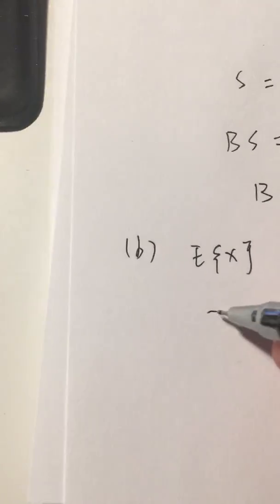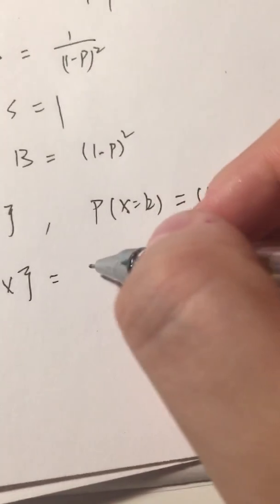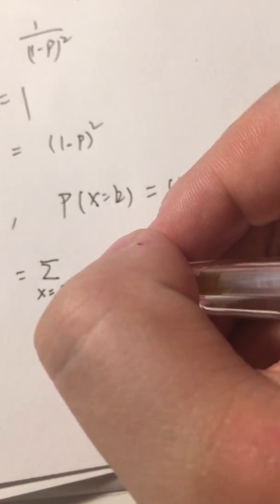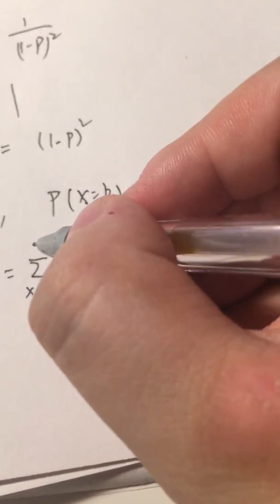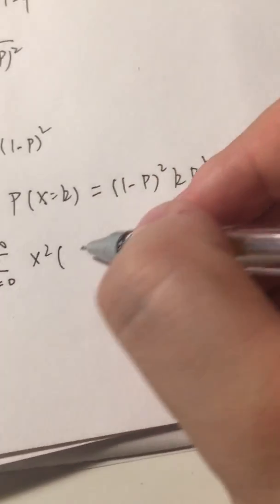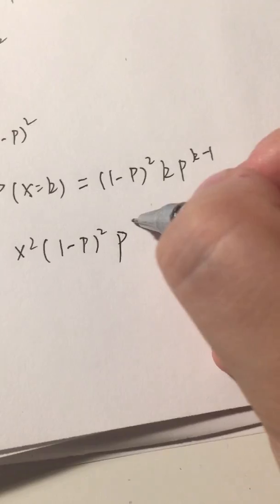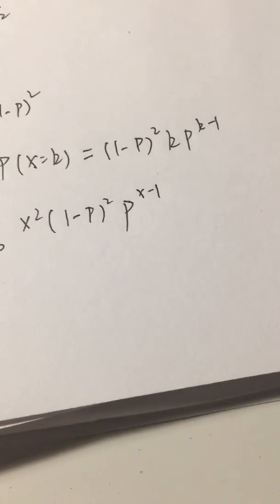So E[X] is the sum from x equals 0 to infinity of x times 1 minus p squared times p to the power x minus 1.